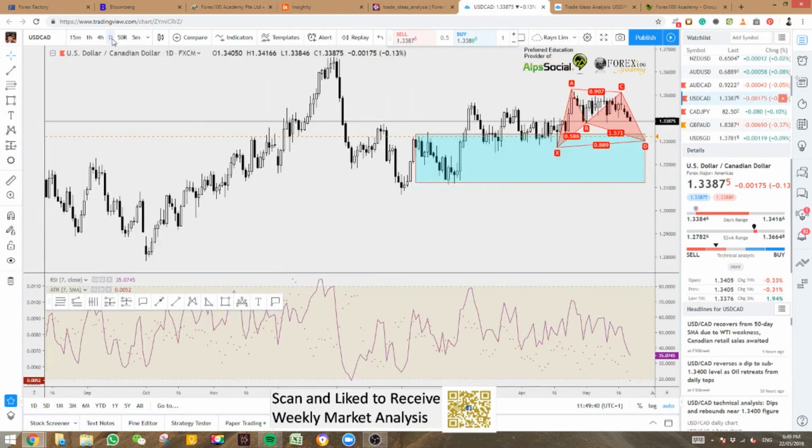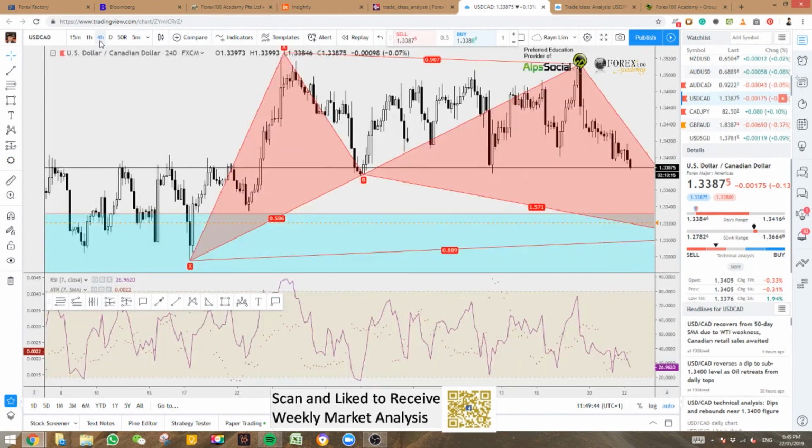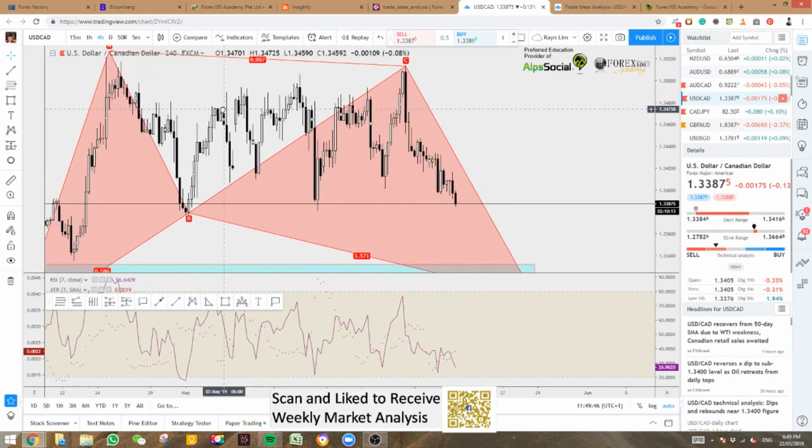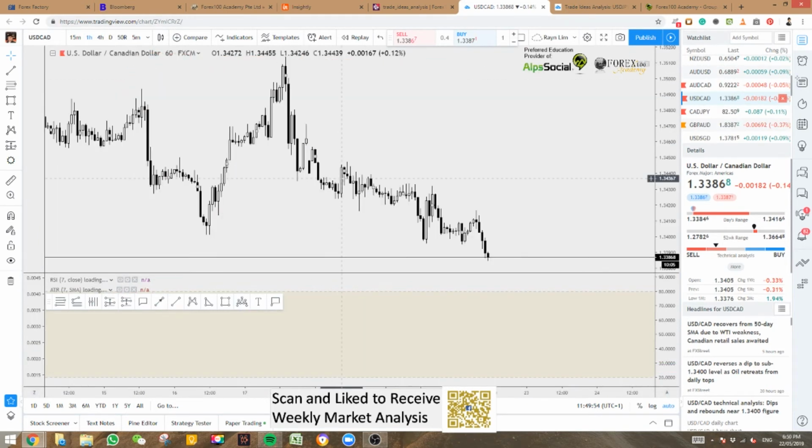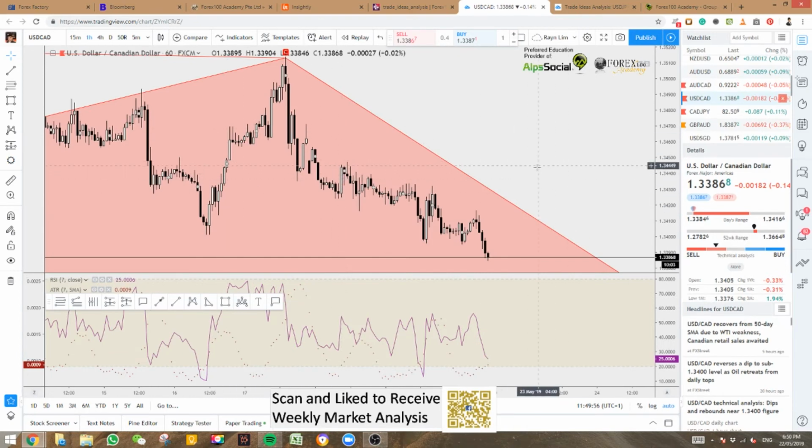I will most likely be very conservative on this trade, because you can see, although it's a harmonic pattern, there is a lot of consolidation over here. On the 1-hour chart, nothing much for me, unless you're looking for a shorting opportunity.